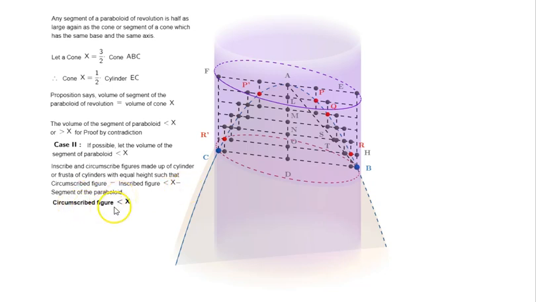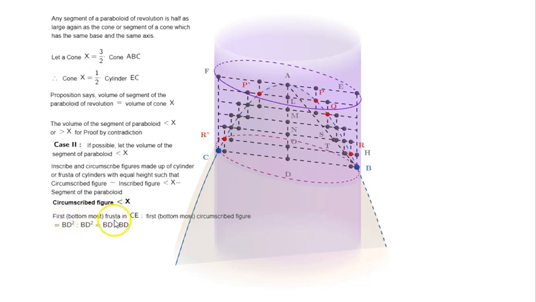So the circumscribed figure is less than X. If the circumscribed figure minus the inscribed figure is less than X minus the segment of the paraboloid, and the inscribed figure is less than the segment of the paraboloid, it means the circumscribed figure will be less than X.